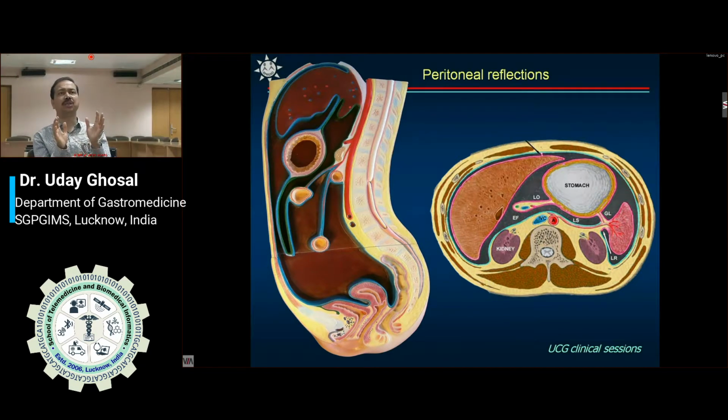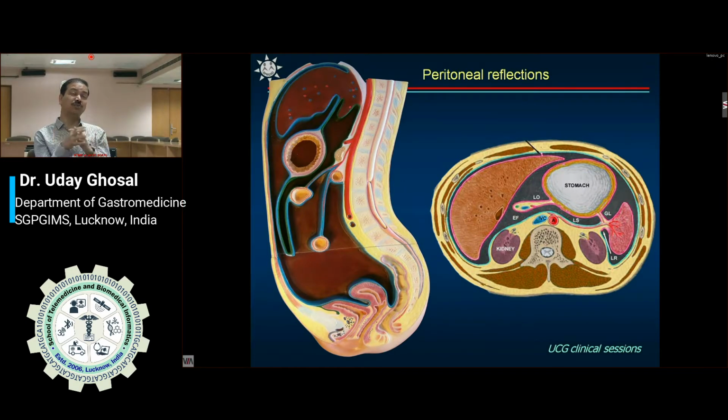All these are intraperitoneal. So what is retroperitoneal? Retroperitoneal is behind the peritoneal reflection in the back of the abdomen. In the parietal layer in the back of the abdomen, the peritoneal covering, behind that all is retroperitoneal. To tell you what a retroperitoneal structure is, for example, the pancreas is retroperitoneal. The kidneys are retroperitoneal.